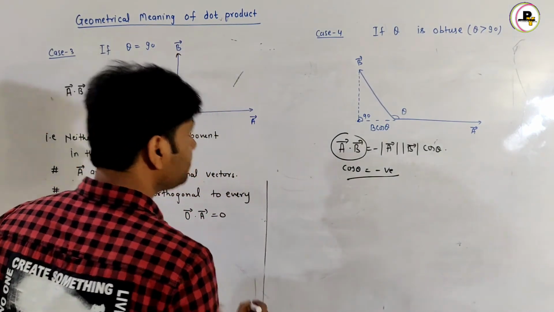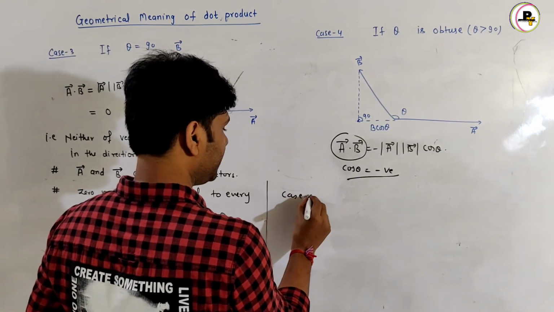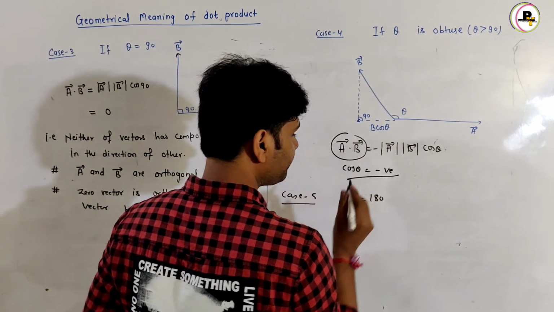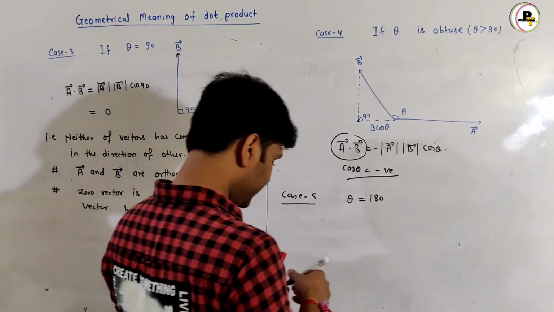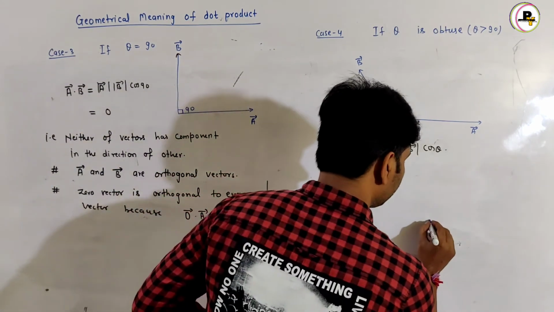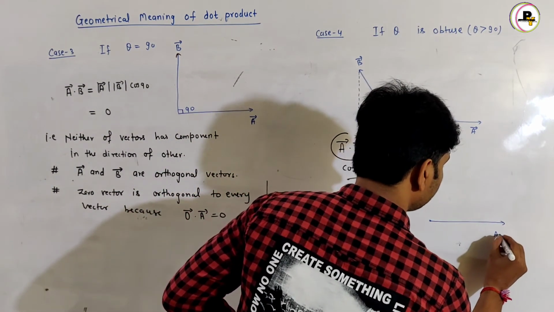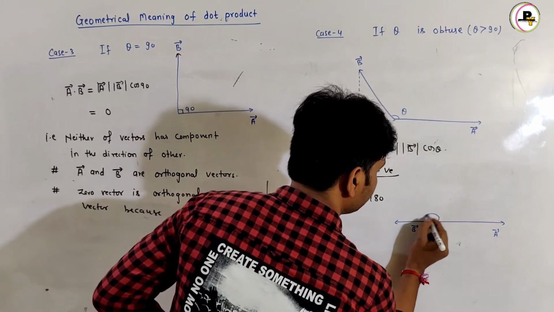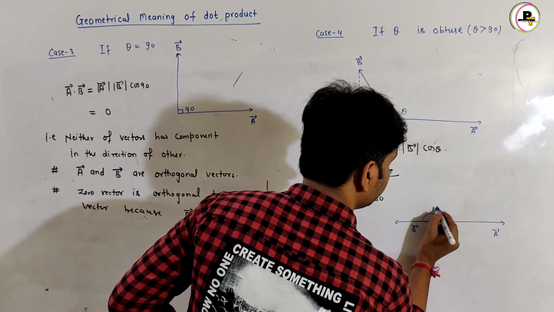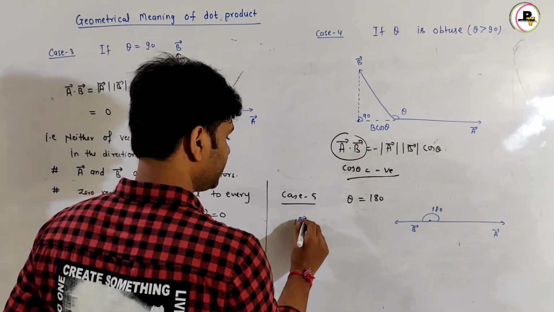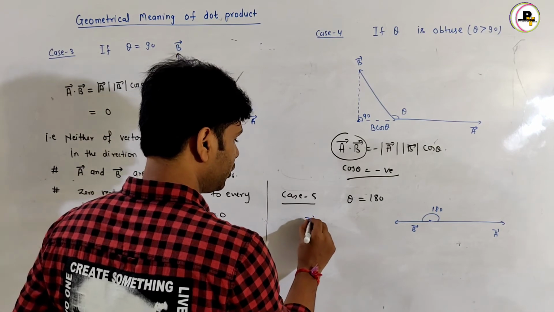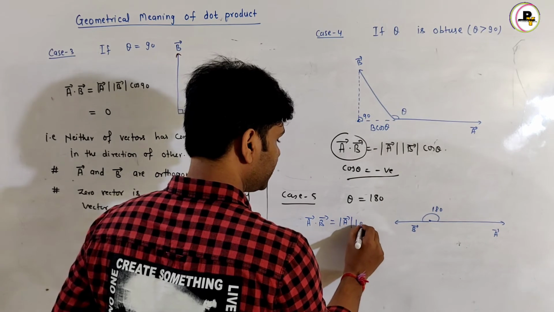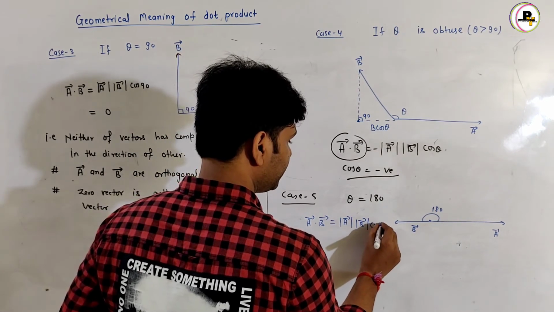Now let's take the case number 5th. In case number 5th, theta is equal to 180 degree. That is, two vectors are taken in opposite directions. If I take vector A in this direction and vector B in the opposite direction, that is theta is equal to 180 degree, then A vector dot B vector is equal to mod of vector A into mod of vector B into cos 180 degree.